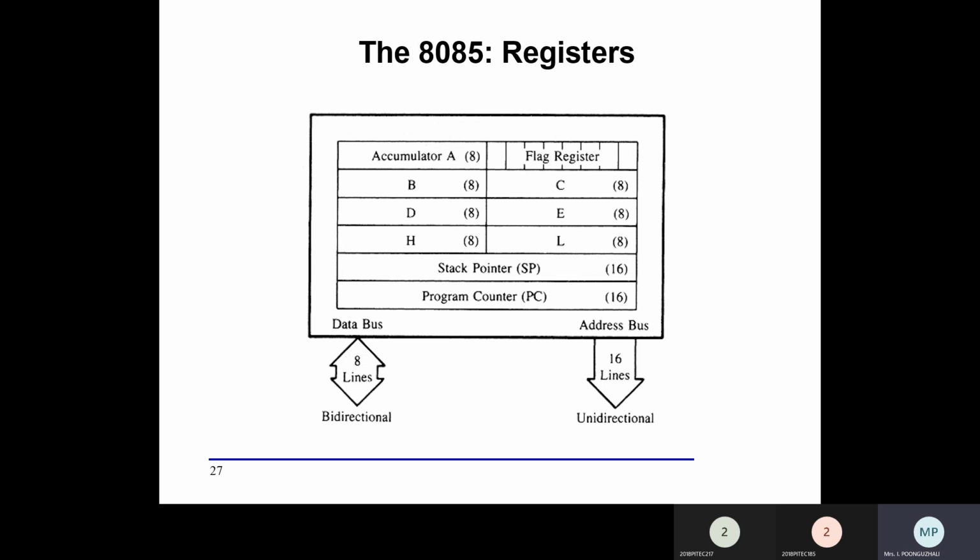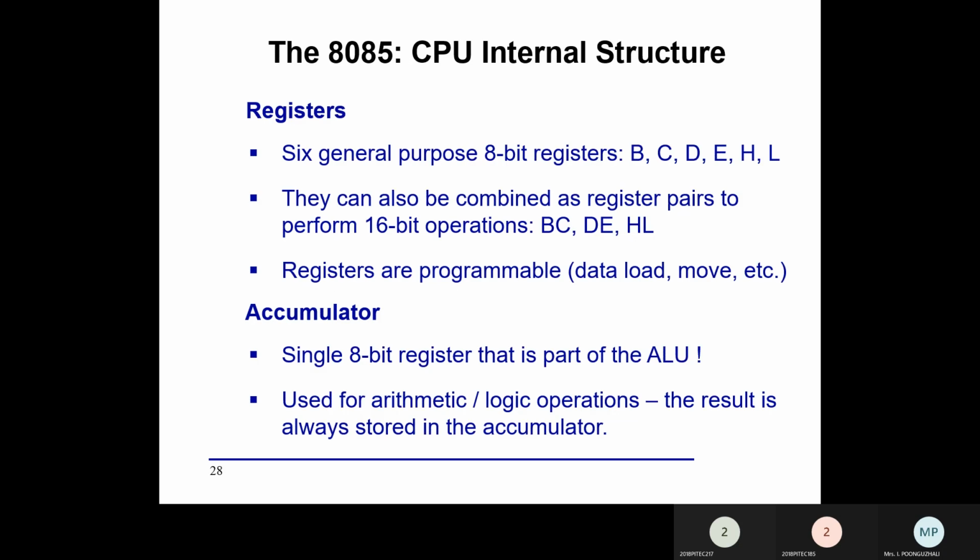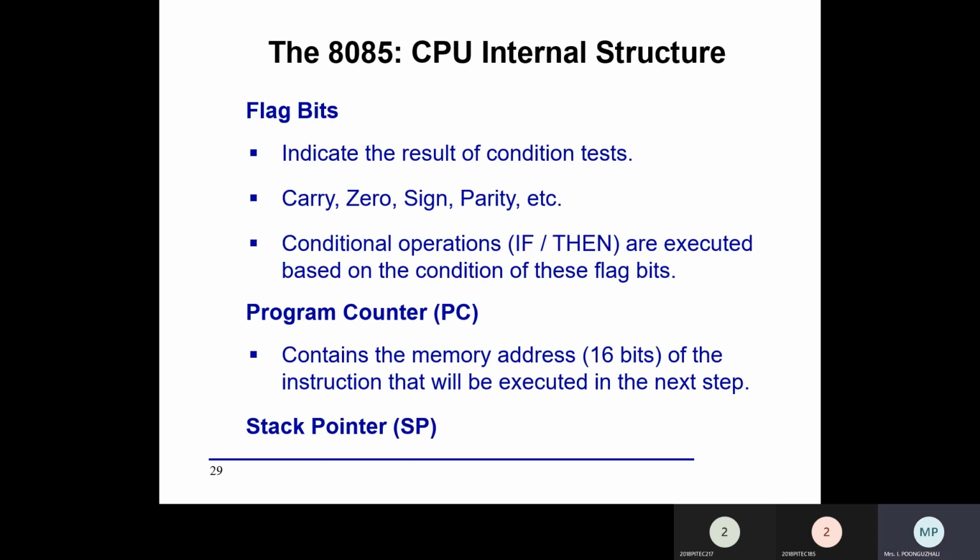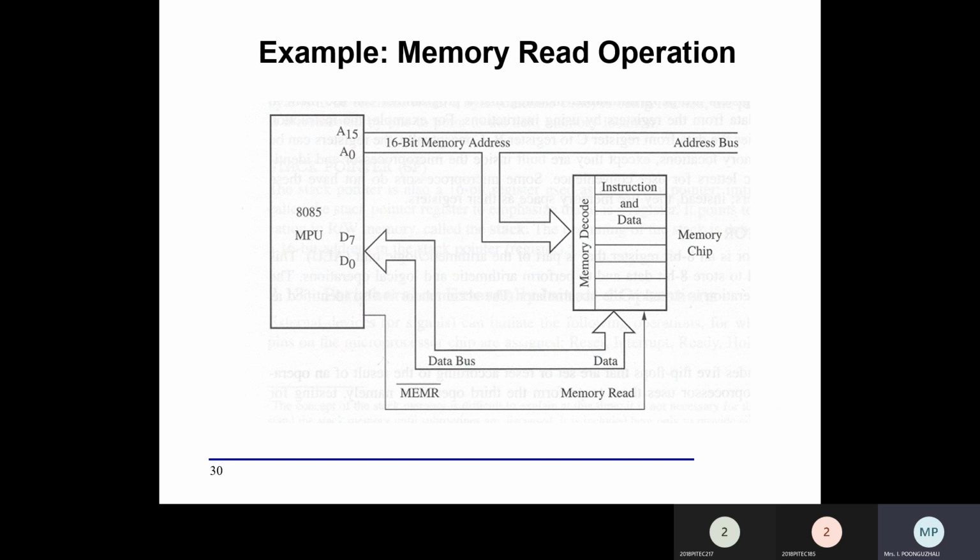Register pairs 16 bit யூஸ் பண்ணலாம், இல்ல 8 bit யூஸ் பண்ணலாம். Then bidirectional address and data lines 8 இருக்கு. Unidirectional address lines வந்து 16 இருக்கு. This is in depth. I think these are all I said before itself.